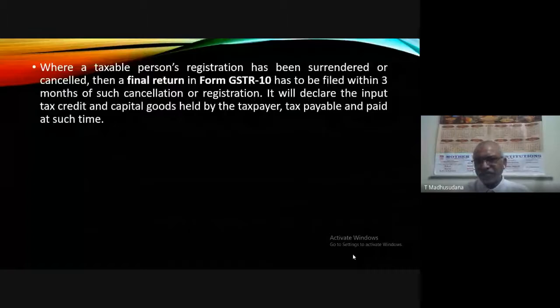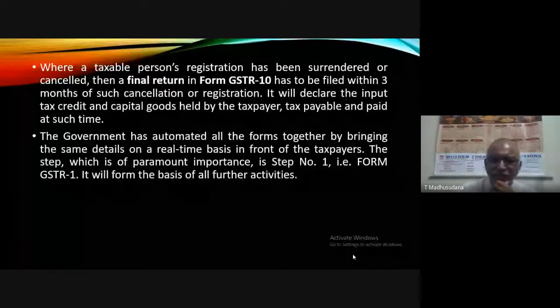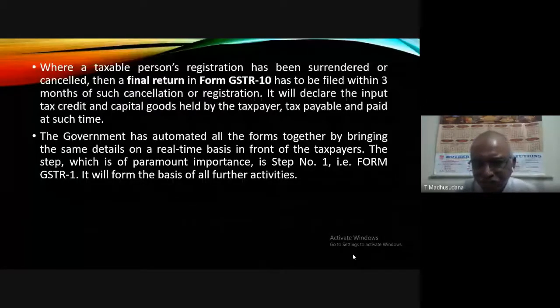So in GSTR 10, he will declare how much input tax credit he has availed and what capital goods are available with him. All details. The government has automated all the forms together by bringing the same details on a real-time basis in front of the taxpayer.